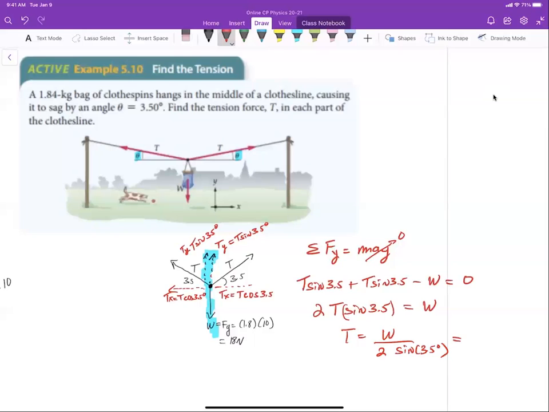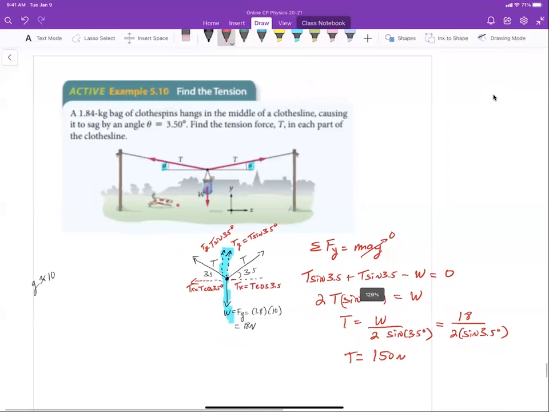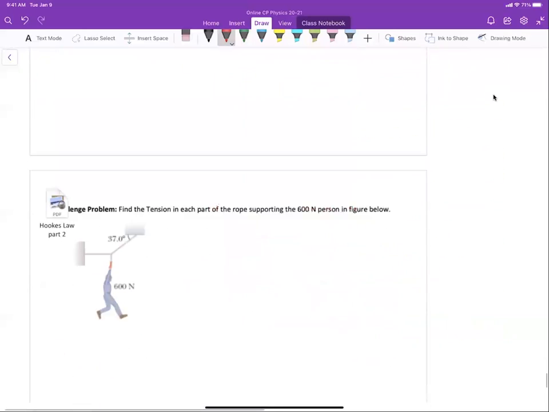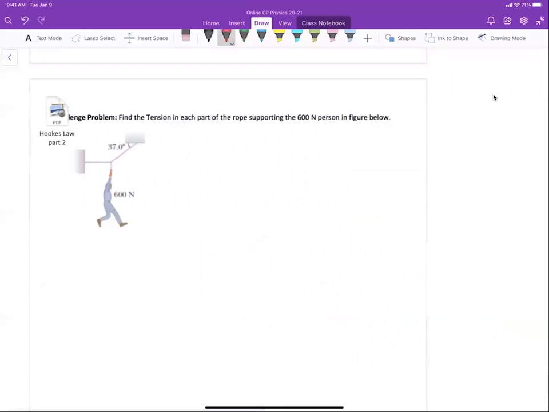I plug in all my values, which is 18 divided by 2 times sine of 3.5 degrees, and I find the tension in both those lines to be equal to 150 newtons. So the procedure that we use is very similar. We basically draw a free body diagram, we sum the forces in the y direction, and we sum the forces in the x direction. We're going to do another problem.